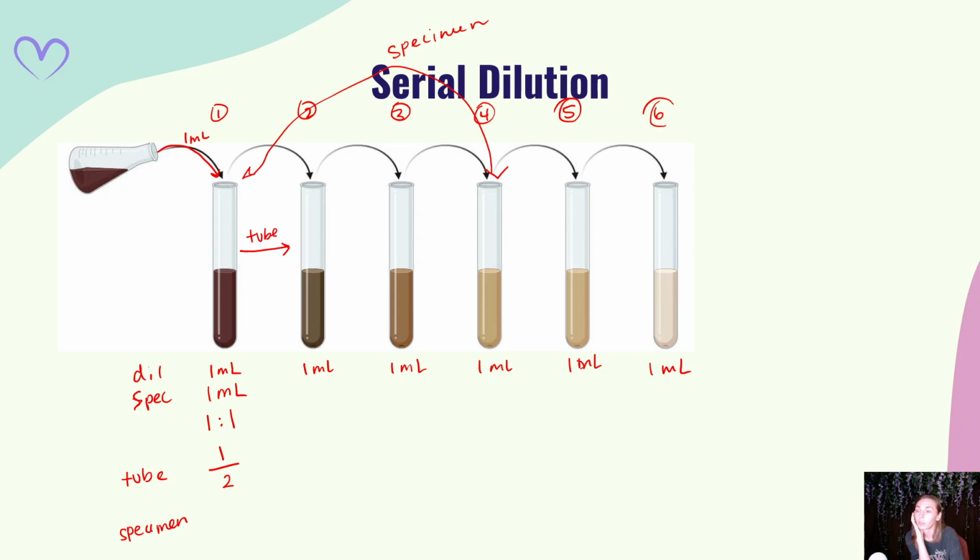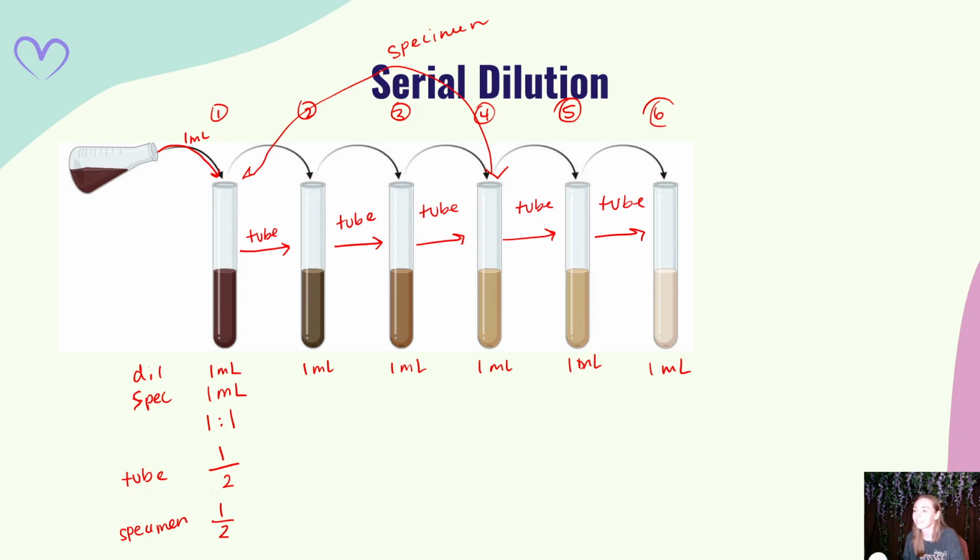So I have done a tube to tube, I've done a tube to tube, I've done a tube to tube, done a tube to tube, I've done tube to tube. Cool. So on this one, because this is my original, my specimen dilution remains 1 to 2. Cool? It's 1 to 2 because I have added diluent to it.